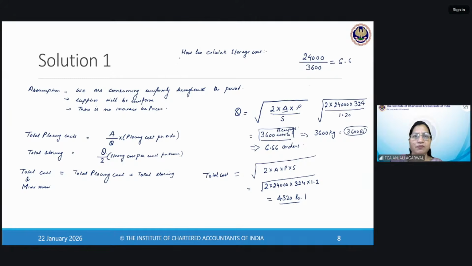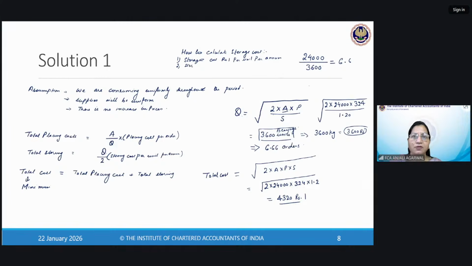The best case is when it is given directly, that the storage cost is ₹1 per unit per period. Let's say if the period is 1 year, so per annum. So storage cost is ₹1 per unit per annum. This is the simplest way it can be given.